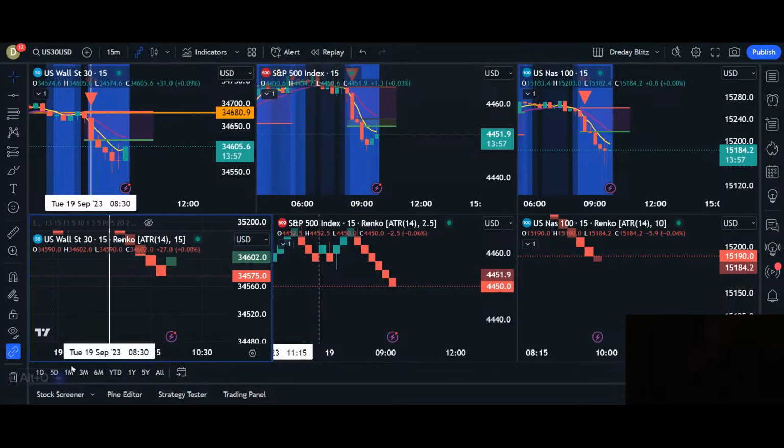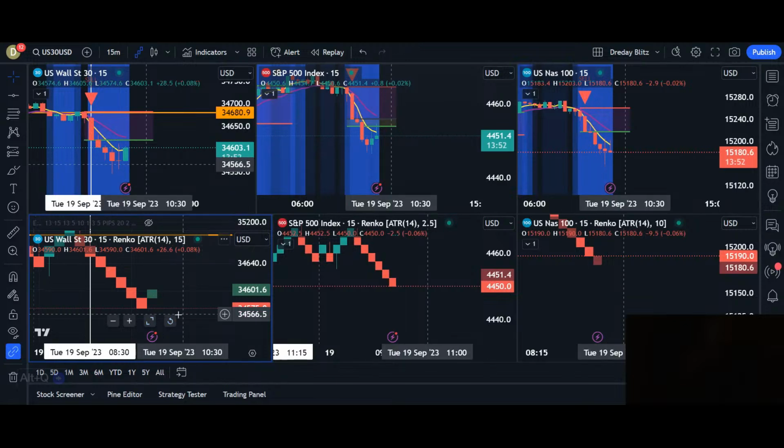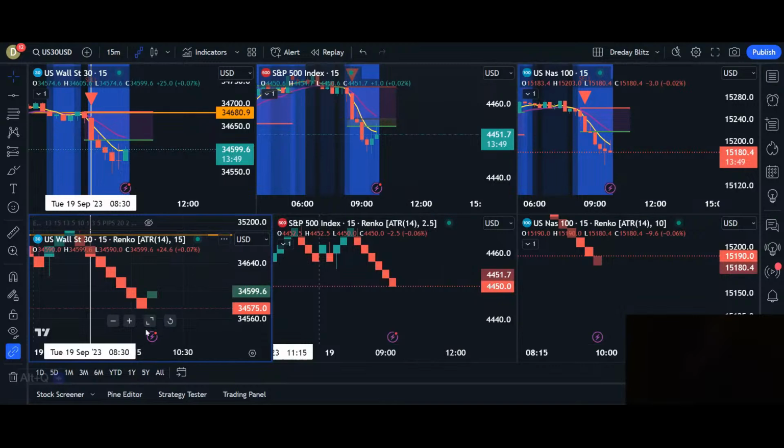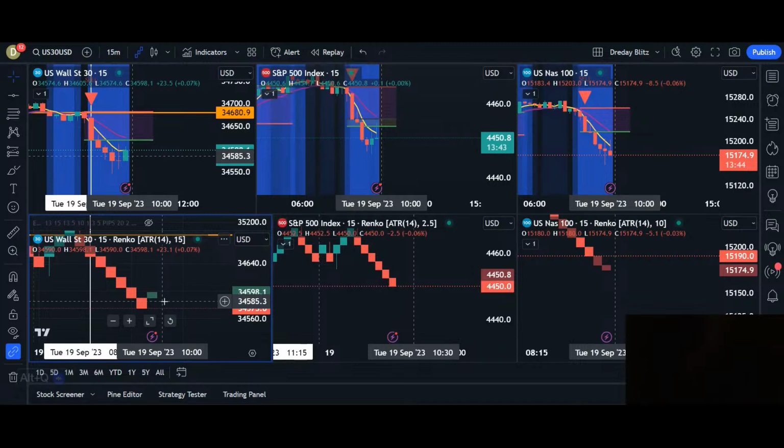As you could see, this Renko bar is starting to create at the top and at the bottom of the previous Renko. So like I said, if this Renko bar is not fully completed, I'm still keeping my bearish movement until that candle closes bullish. And if it closed bullish, I would be out of the trade.